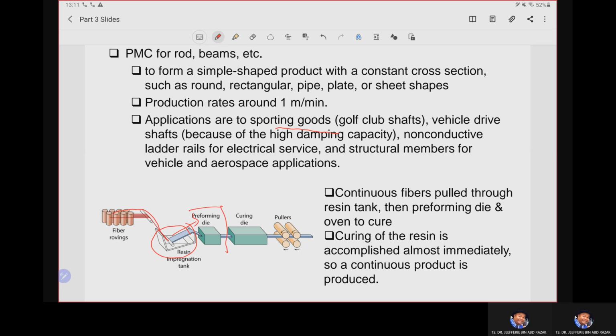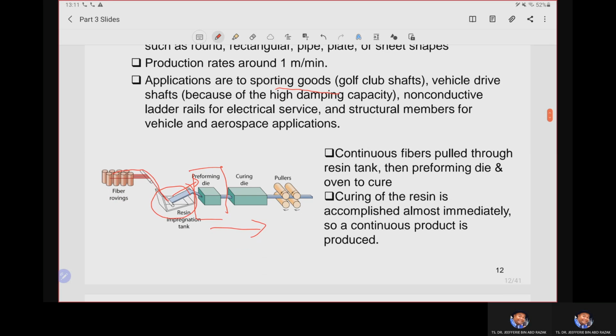What is the function of the preforming? Preforming gives shape definition and compacts the fiber. This is the preforming die. Then we proceed to the oven for curing. Curing of the resin is accomplished almost immediately, so the pultrusion process can be automated for continuous product manufacturing.